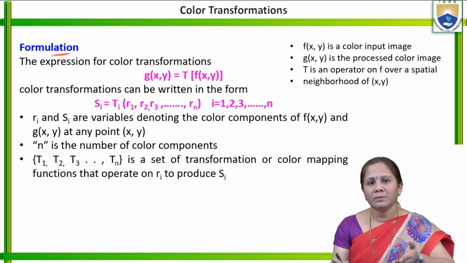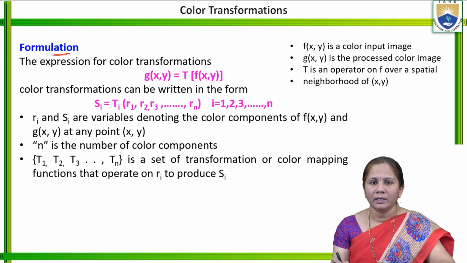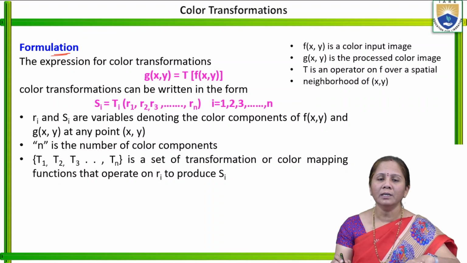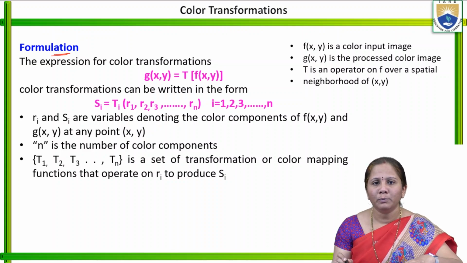What is the difference between the previous one and this one? Here we are going to recall those concepts, but here we are applying them to color images, because here different attributes will be there which need to be used for representing colors.